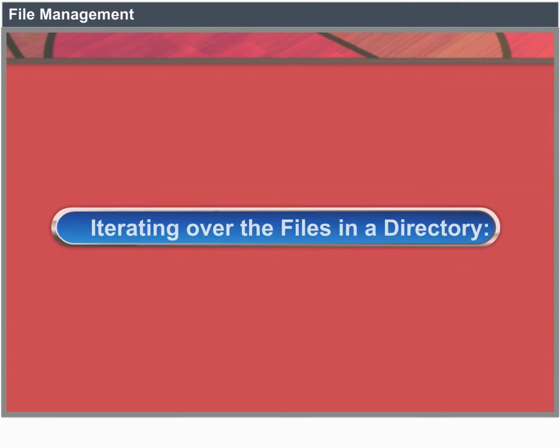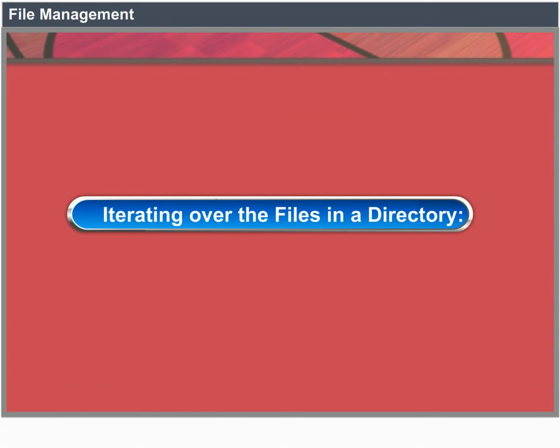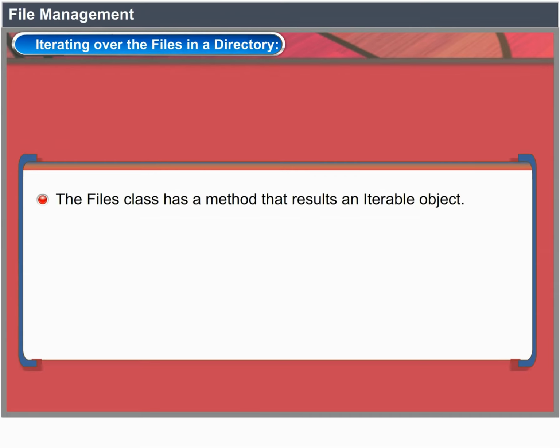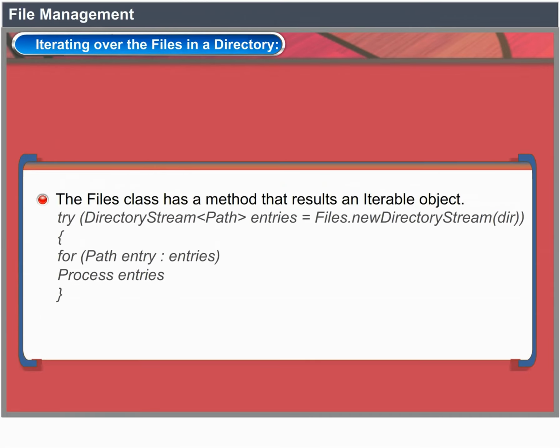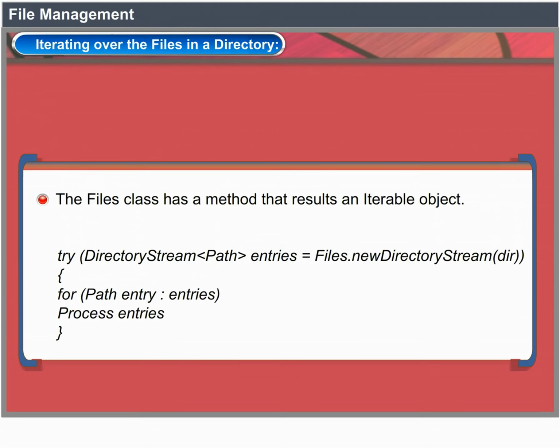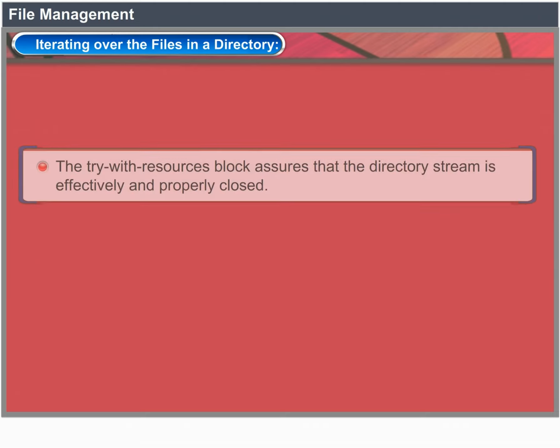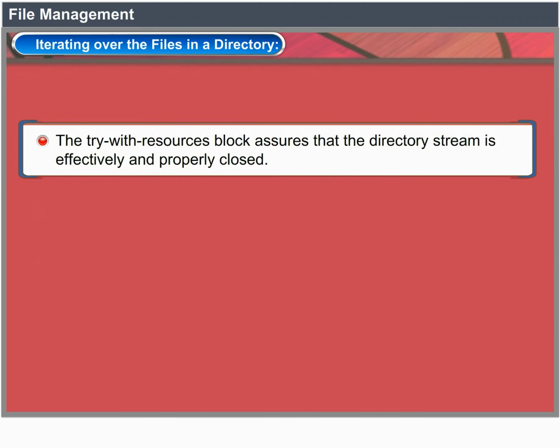Iterating over the files in a directory. The Files class has a method that returns an Iterable object. try (DirectoryStream<Path> entries = Files.newDirectoryStream(dir)) { for (Path entry : entries) { process entries } }. The try-with-resources block assures that the directory stream is properly closed.